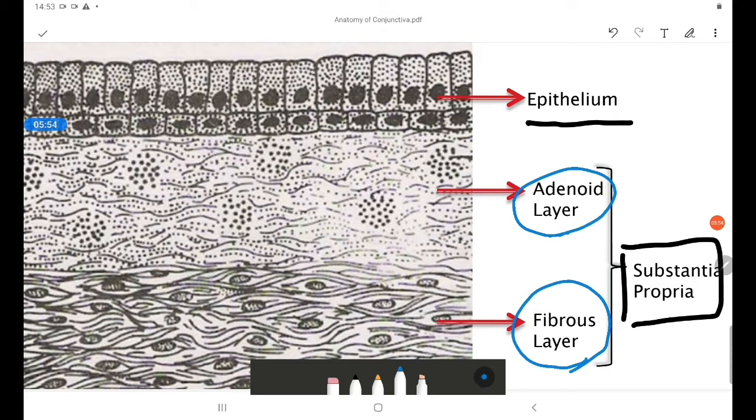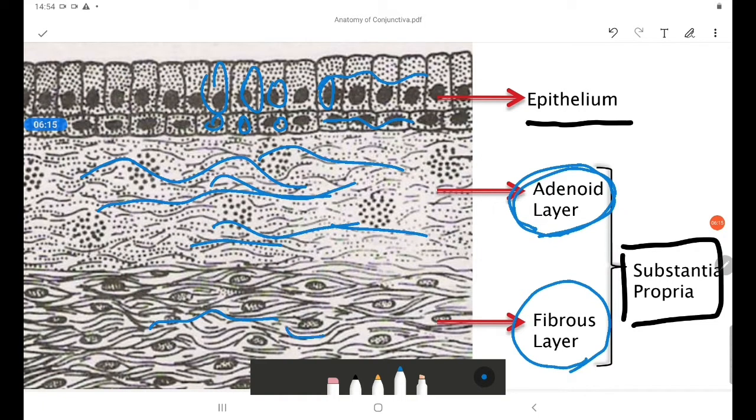Very important from the MCQ perspective. There are two layers of epithelium, the columnar and the cuboidal type, and under that you have the substantia propria, which does not have many cells present. It is mainly adenoid, but the inner part has fibrous tissue.